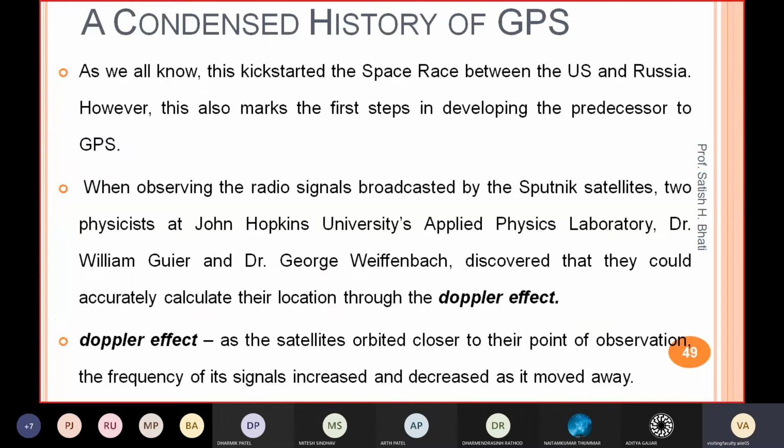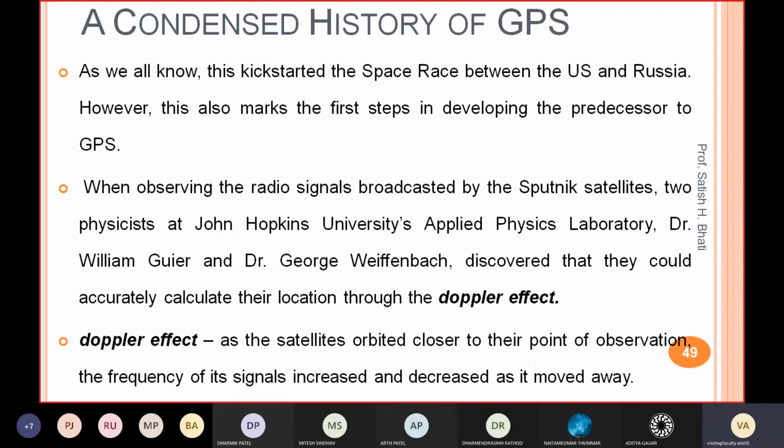When they launched that satellite, a space race started between the US and Russia, right? Both were developing new technology in space, and we can say that was the first step in the development of GPS, right?